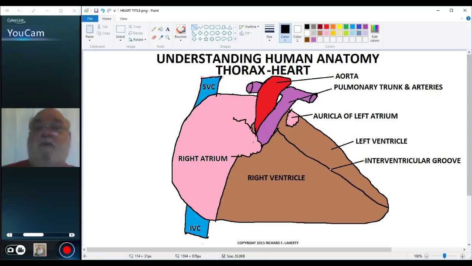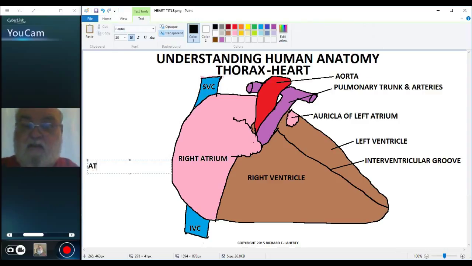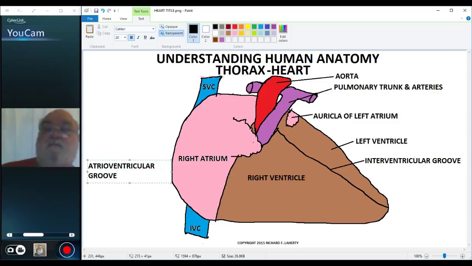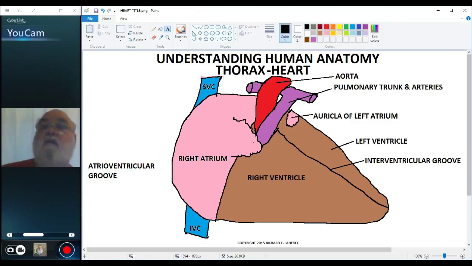And then up here between the atria and ventricles, we have the atrioventricular groove. And that's represented by this line.